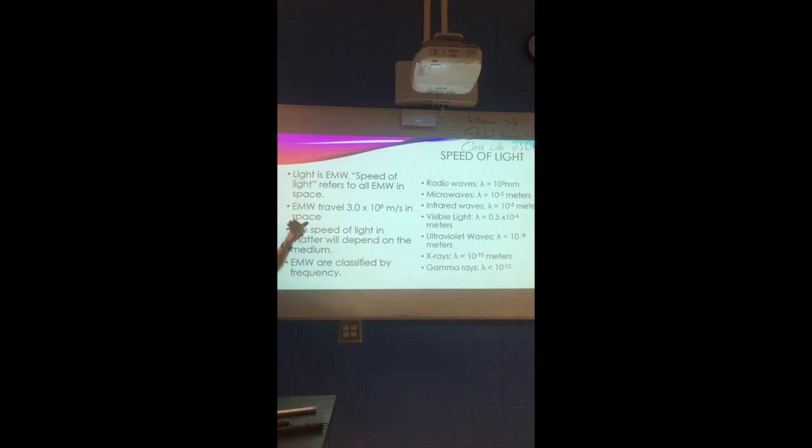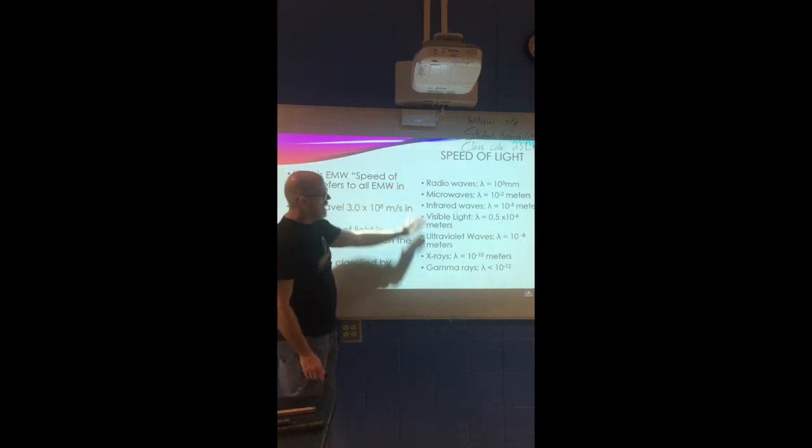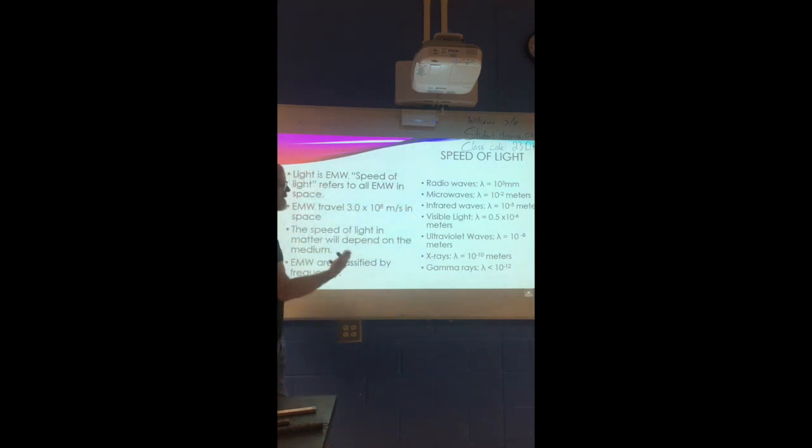Light travels fastest in space where there is no matter. It will slow down when it passes through a medium like air or glass, solids, things like that, to a differing degree. And electromagnetic waves are classified by the frequency, and here you see some examples that you can look at.